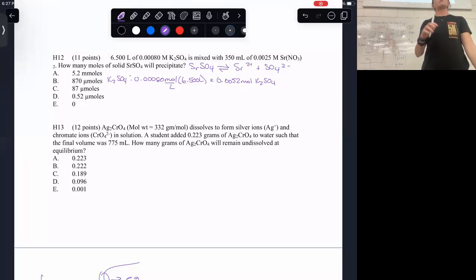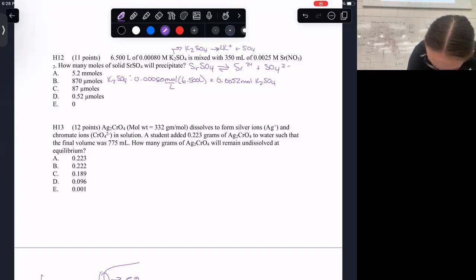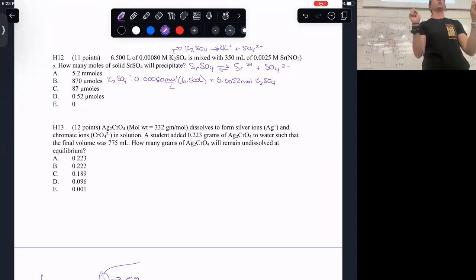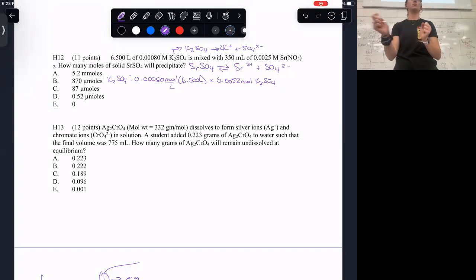What is our ratio of K2SO4 to SO4 2-? It's 1 to 1, right? Because if you write out this dissociation, K2SO4 goes to 2 K+ and SO4 2-. So we have 1 to 1 in terms of salt to ion.